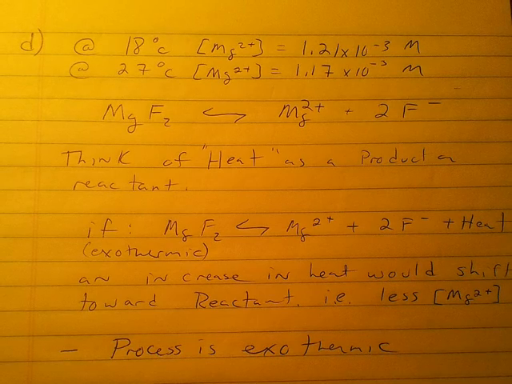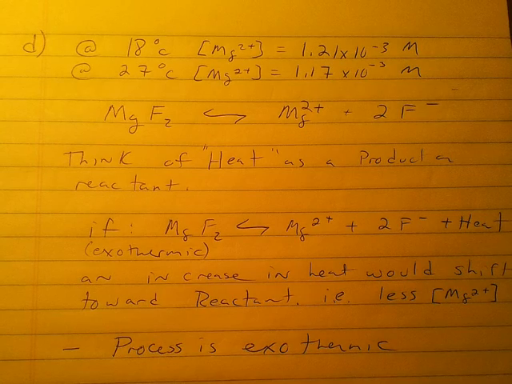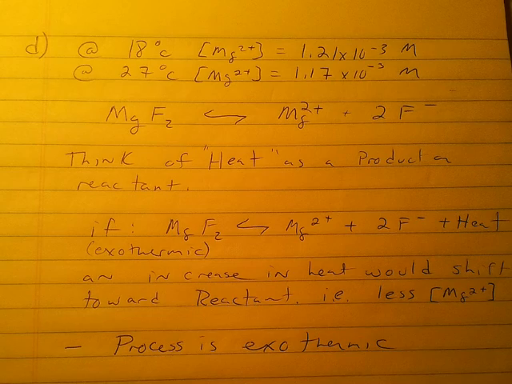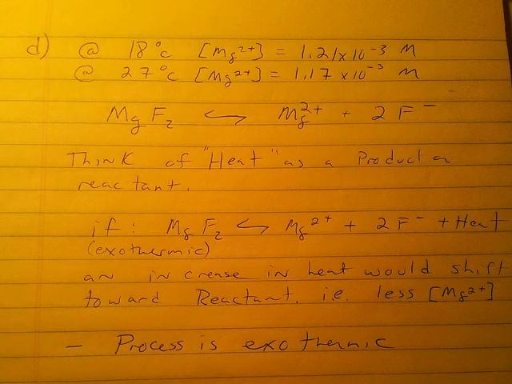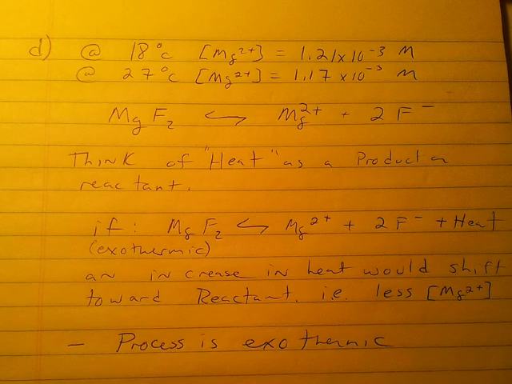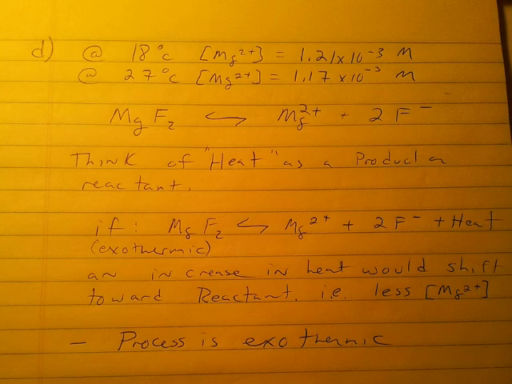If this is exothermic. And in fact, this is what happens. So when we increase the heat from 18 to 27 degrees Celsius, we go from 1.21 times 10 to the negative third molar to 1.71 times 10 to the negative third molar, which means less dissolved magnesium, which means this is an exothermic process.